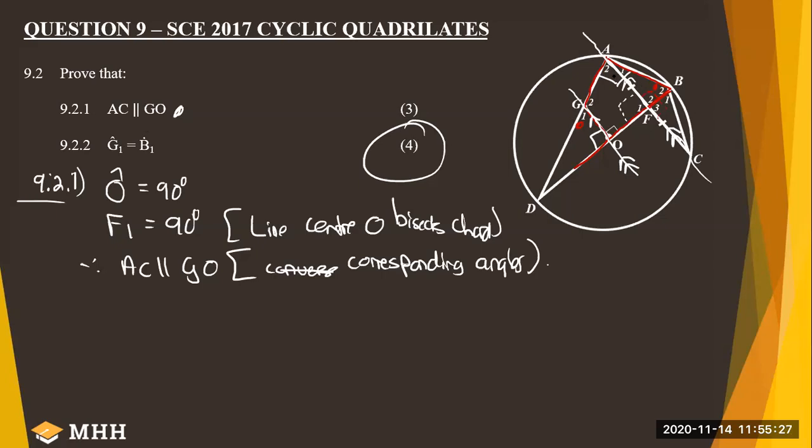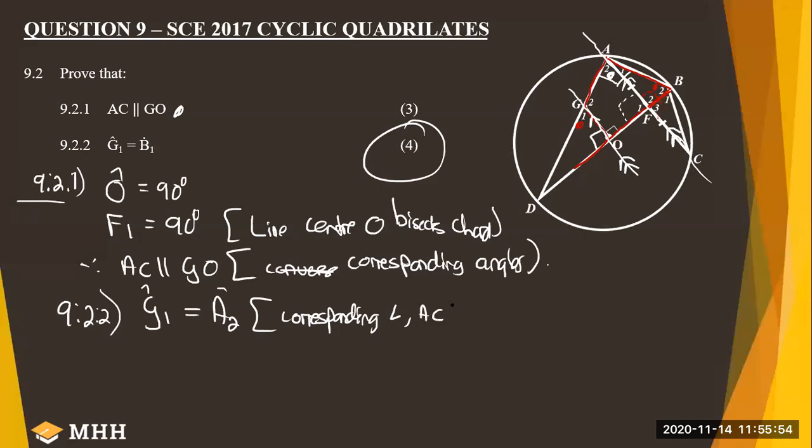Well, G1 is equal to A2. So you see, it's not that difficult. Just always write down everything on your slide. G1 is equal to angle A2. Why? Corresponding angles, because AC is parallel to GO.